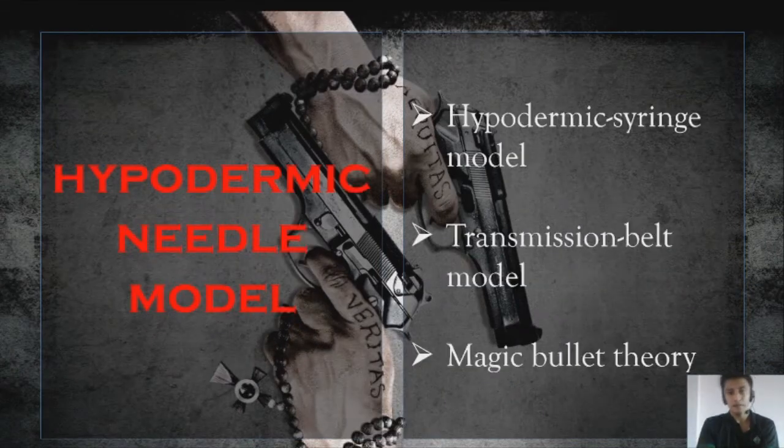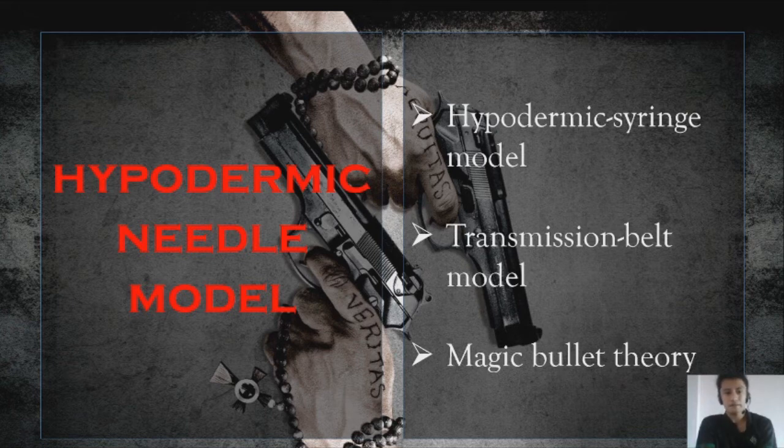And then now we are going to proceed to the so-called hypodermic needle model. So what is it all about? It is very much related to how a certain person learns, or how a certain person adapts characters, behaviors, and things.